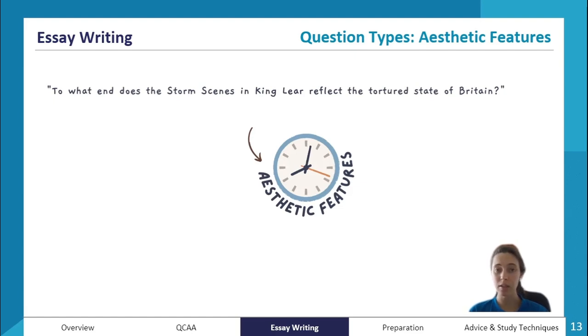Also in the syllabus, you can check out the definition there with some examples. In this case, we've got, to what end does the storm scenes in King Lear reflect the tortured state of Britain? So this idea of the representation of the tortured state of Britain. So you would be using your aesthetic features to pull apart this prompt and respond to it.